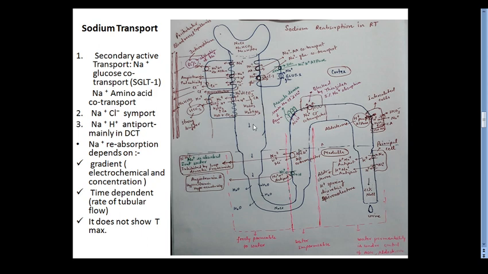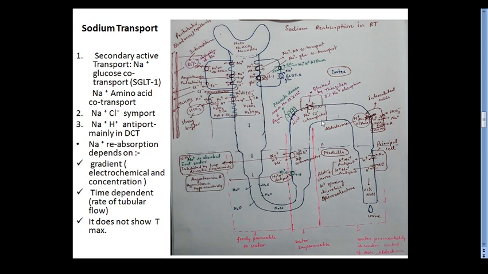So just review that 65% gets reabsorbed via the secondary active transport mechanism in the PCT. Then in the thick part of the ascending loop of Henle, almost 15 to 25% of the sodium gets reabsorbed with this sodium potassium 2 chloride transporter.